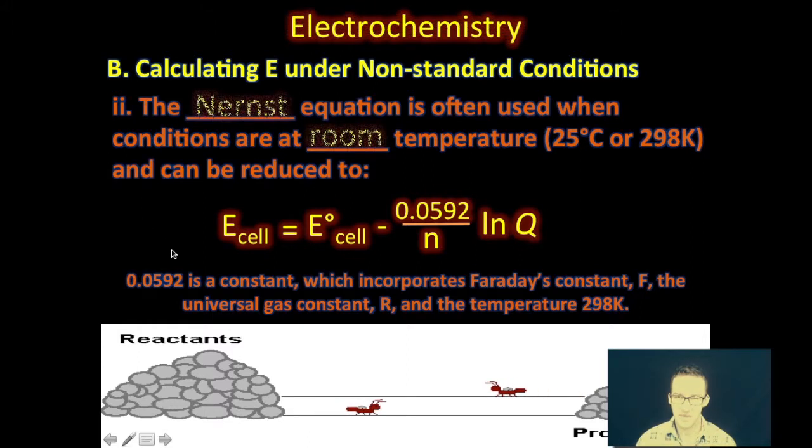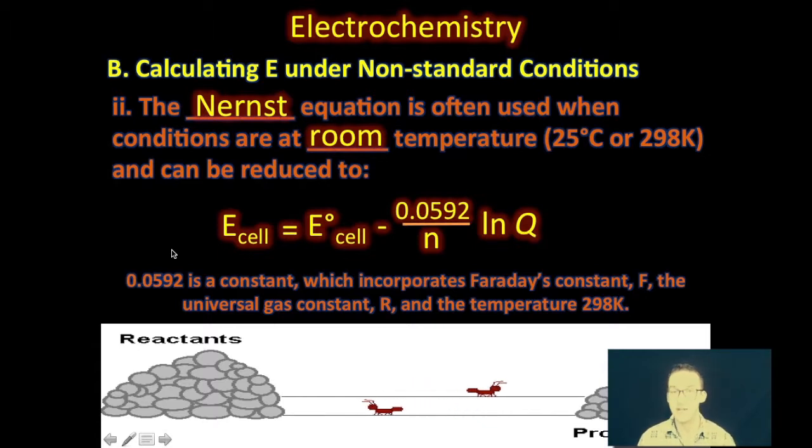Many times, and this is probably the one that I would memorize if I were you, the Nernst equation is used when we're talking about room temperature. So even though our concentrations will change from standard, 25 degrees Celsius is a pretty reasonable temperature. This is the equation that I would actually memorize.